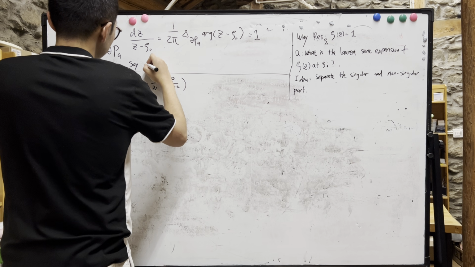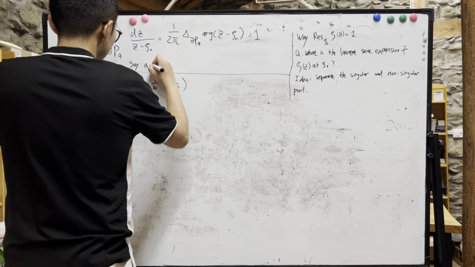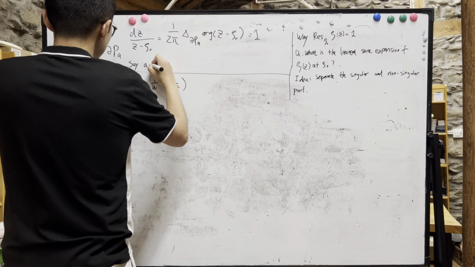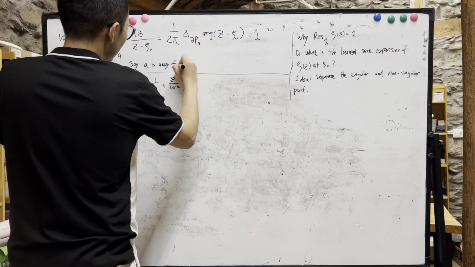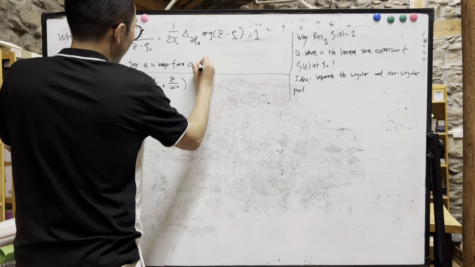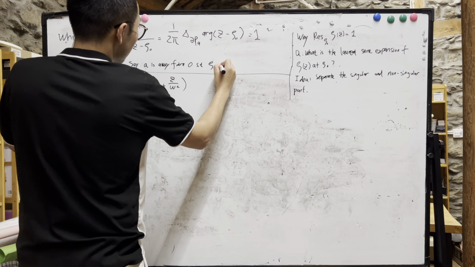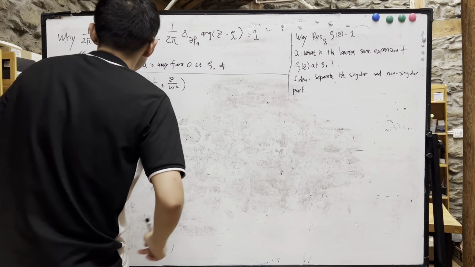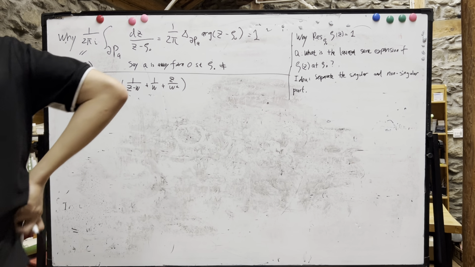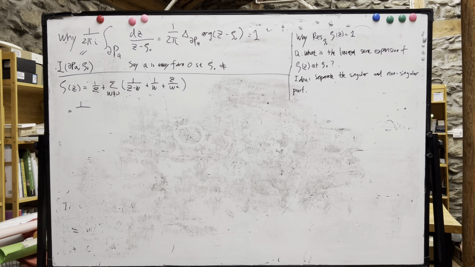A is away from 0 such that this zeta naught is not equal to... I forgot what exactly the zeta naught is. Let me make sure.